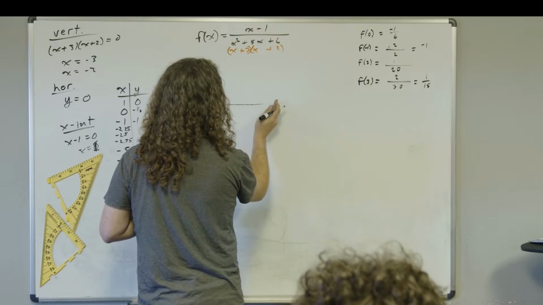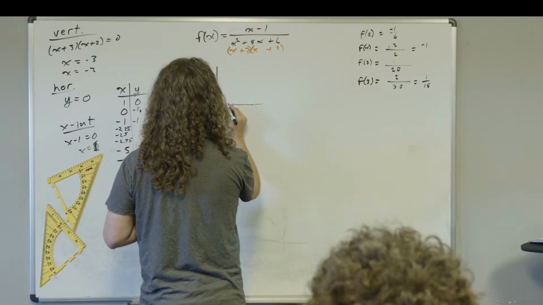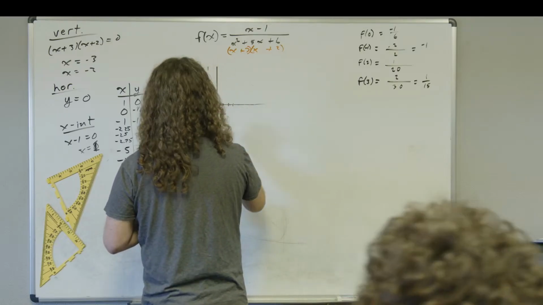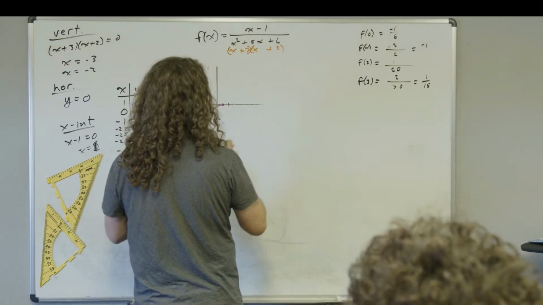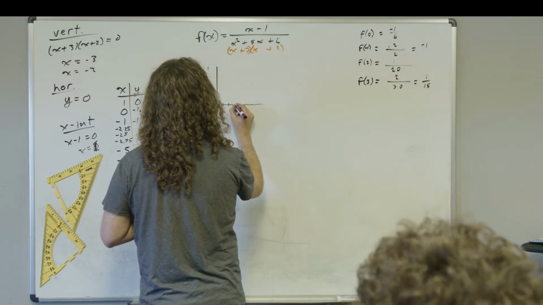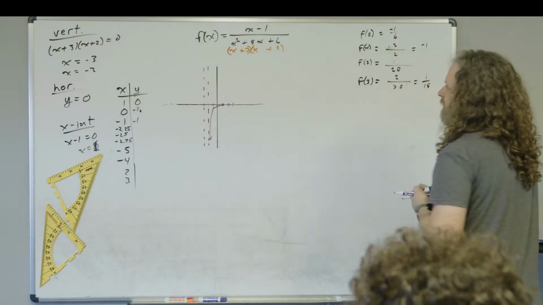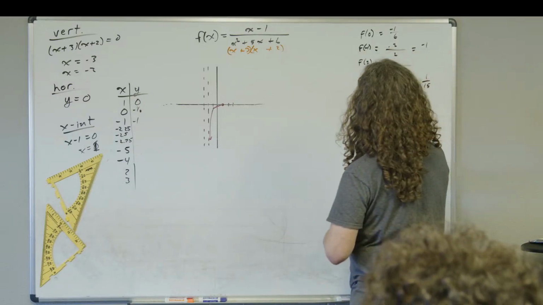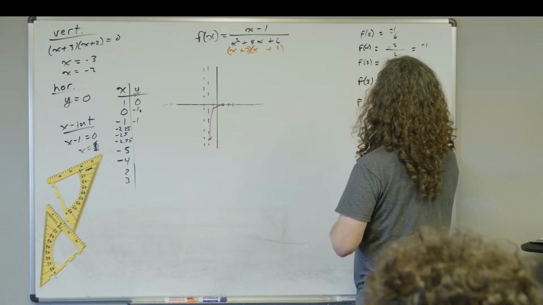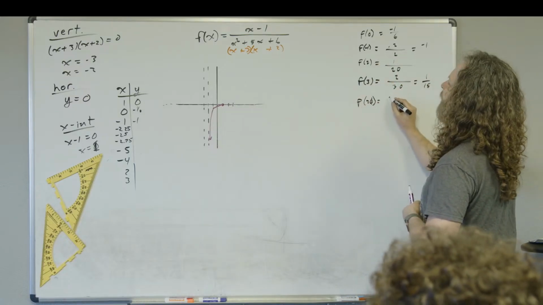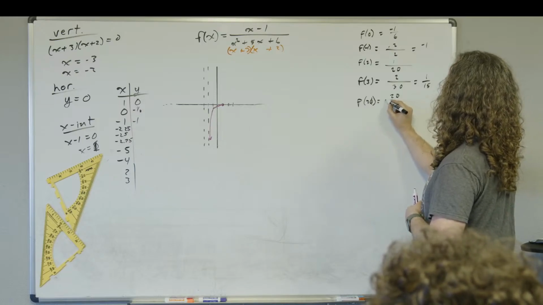Let's do something way over here just to see if we're rising or if we're going to dip back down, right? Let's pick something random. 20 sounds great. F of 20. 20 minus 1 is 19. Let's do 21. 21 minus 1 is 20.